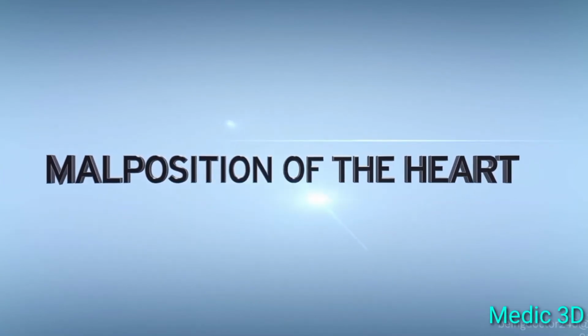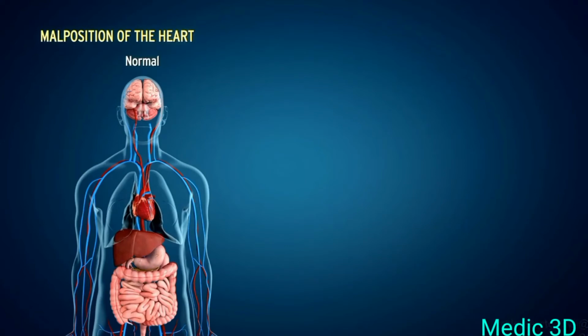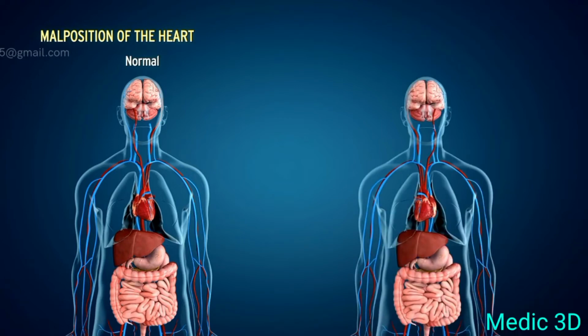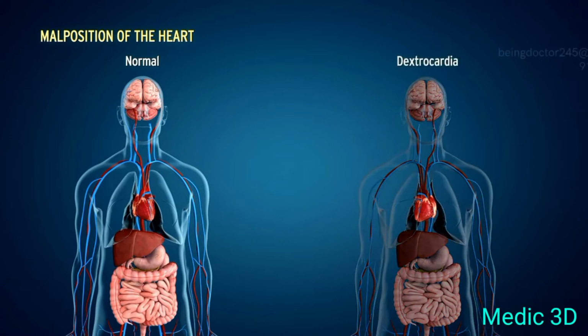Malposition of the heart. It is a rare condition in which the heart is positioned at a place other than the normal place. The most common form of malposition of the heart is dextrocardia. It occurs when the apex of the heart points to the right side of the chest instead of the left side.